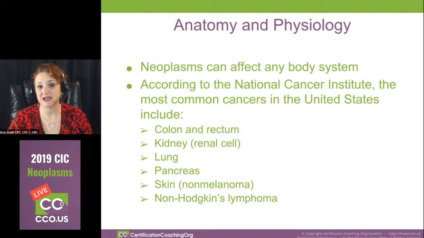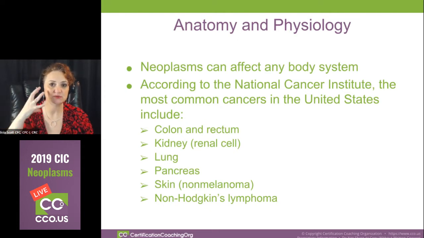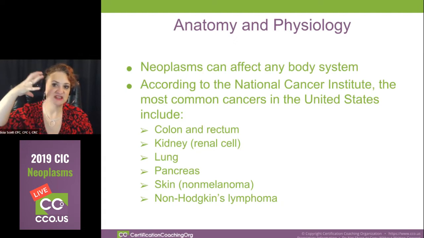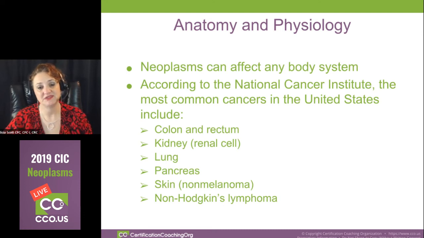Very, very common. They're benign, but they still have to be removed because they grow and cause problems. I've seen tumors of people that have had non-melanoma squamous cell carcinomas, and they're this big on the face. That's going to be problematic, right?